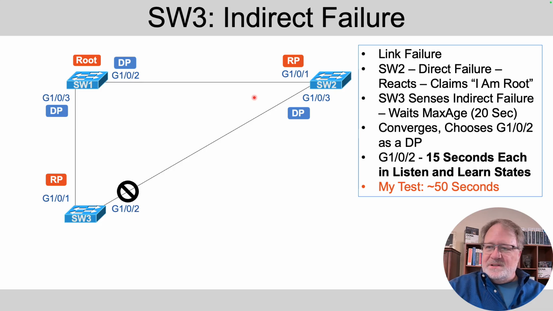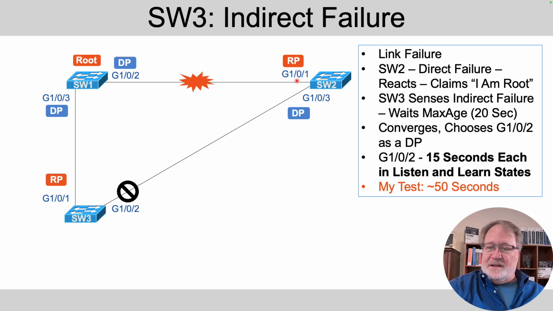So what happens in this case? Well, we're back to our standard with everything working, and that top link fails. Switch 3 gets all these different bits and messages that indicate a remote failure. So from switch 3's perspective, it's an indirect failure, and it's going to wait 20 seconds before it acts. But switch 2 has a direct failure, right?